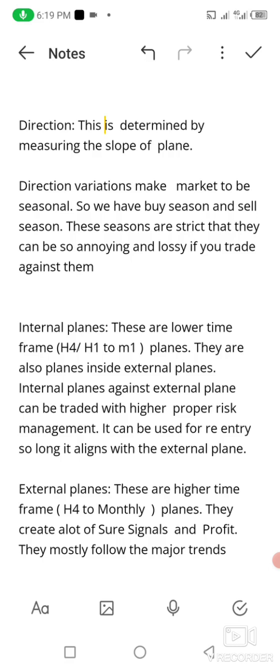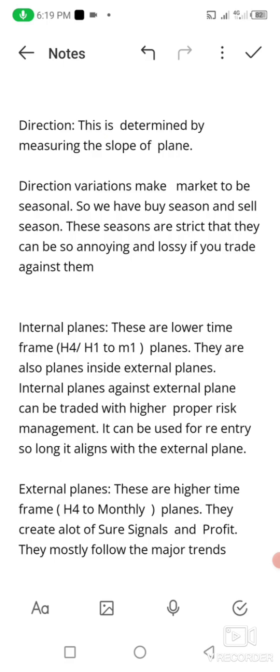But when two planes intersect, they intersect at a certain angle that is not zero, and at that level, the slope of the plane changes. The slope of one plane is not equal to the slope of the other plane, and they have different polarities.